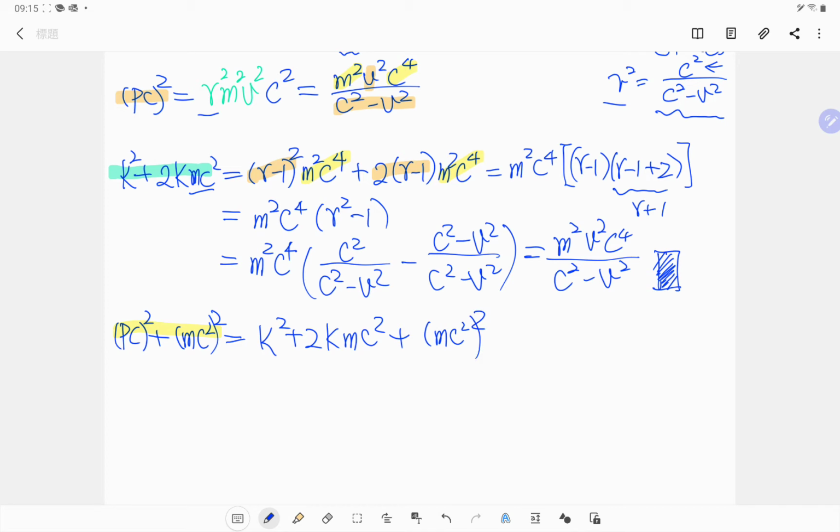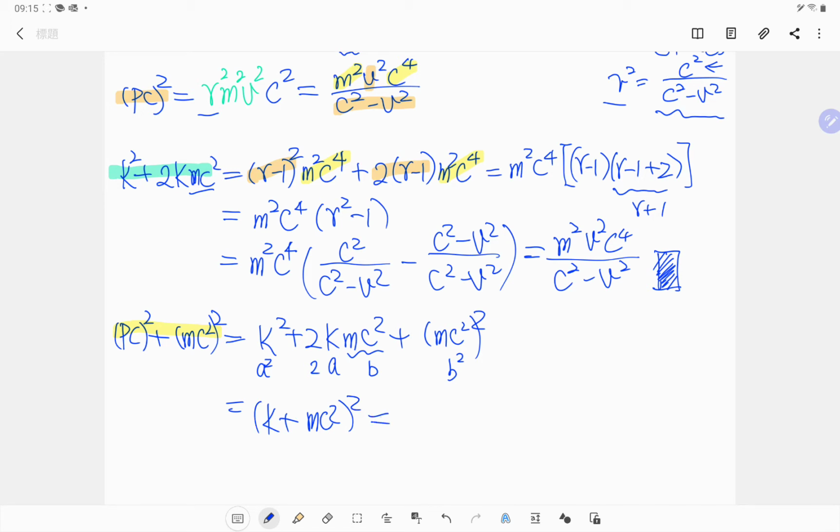So actually this is nothing but a squared plus 2ab plus b squared, where k is a and mc squared is b. So this is actually k plus mc squared all square.